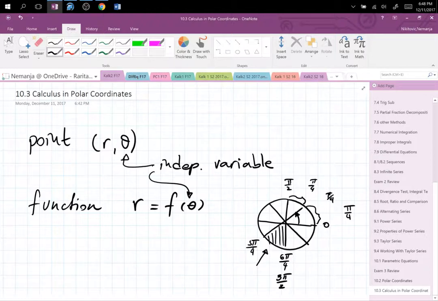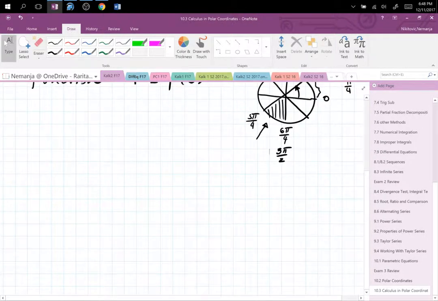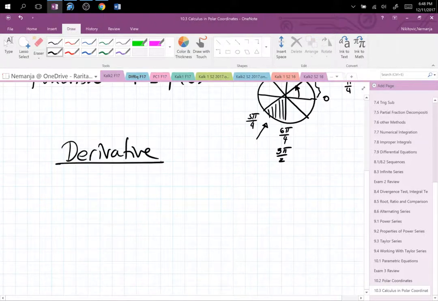So we start first with the derivative. We know that we can get a whole bunch of different shapes from our polar coordinates. We talked about a few of them.